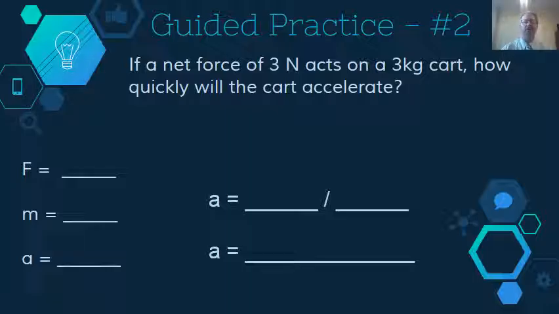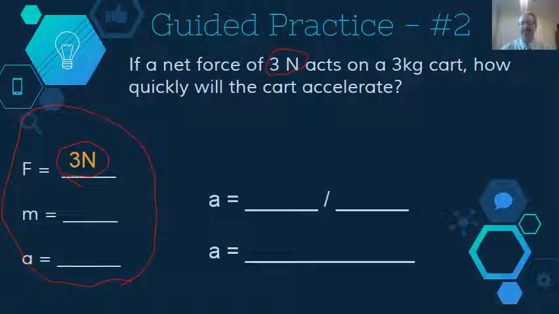If a net force of 3 N acts on a 3 kilogram cart, how quickly will the cart accelerate? Well, let's first figure out what we know over here. We know that force is 3 N. So here that is right here, 3 N. We also know that we have a mass here, a 3 kilogram cart.